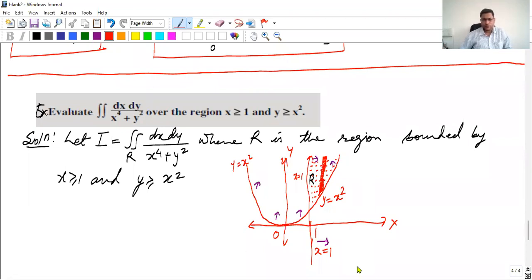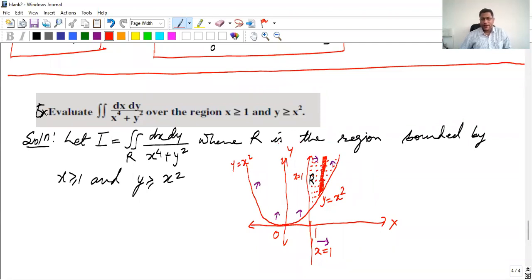Sir, is the region bounded? Both will be infinity. For x, it will be 1 onwards, and for y, it will be from this curve onwards.